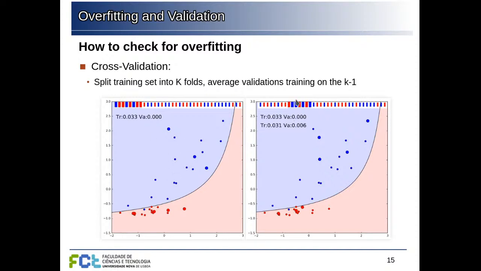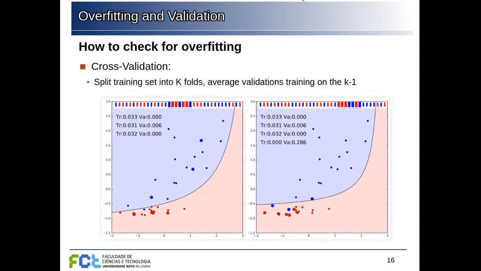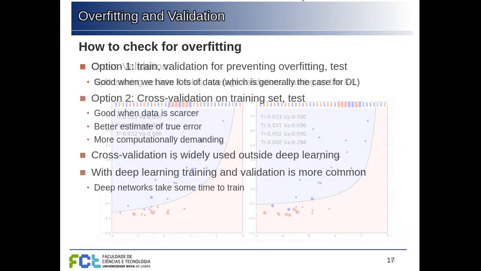But now we repeat this by leaving another subset out, another and another, and then average over all these iterations to get the cross-validation error. So this is a good thing to do when we have models that are trained very quickly, because then we run through all of these iterations and get a good estimate of what would be the error outside the training set under these conditions with this kind of data, model, and the way it's trained.